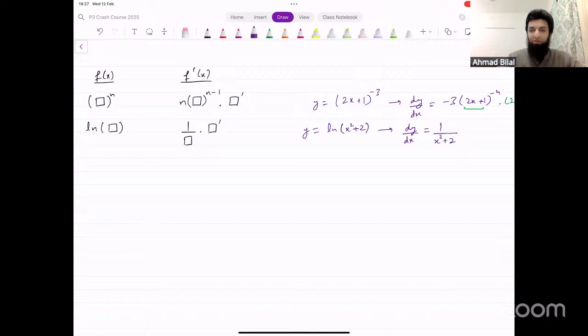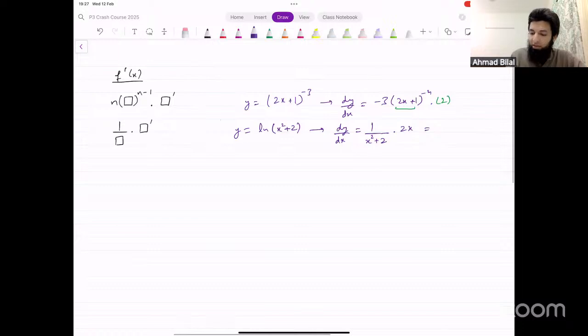Right? That's how the rule works. And then whatever this thing is, you multiply by the derivative of that. What's the derivative of x squared plus 2? It's 2x. You multiply by that, and the result therefore turns out to be 2x divided by x squared plus 2. That's the answer that you get from this. That's the derivative of ln of x squared plus 2. Make sense?